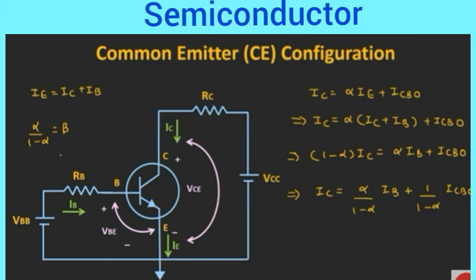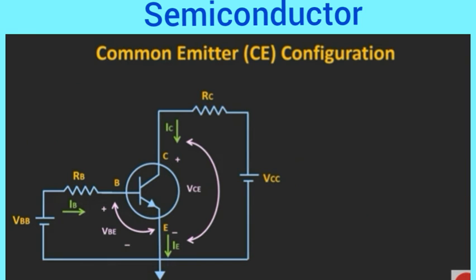Now we know that alpha upon 1 minus alpha is beta, so we can see that the collector current IC is equal to beta into IB plus 1 upon 1 minus alpha into ICBO. Whenever this base current IB is 0, at that time the collector current IC can be given as 1 upon 1 minus alpha into ICBO.